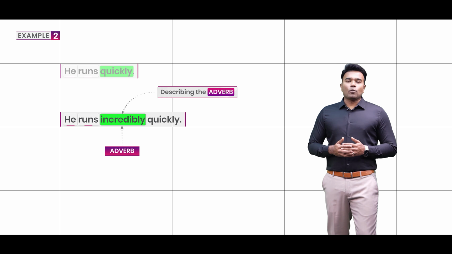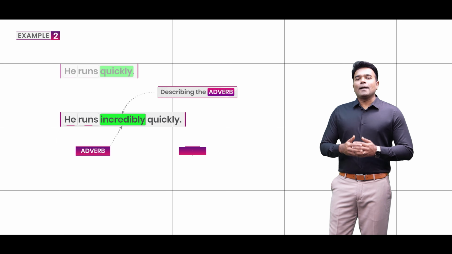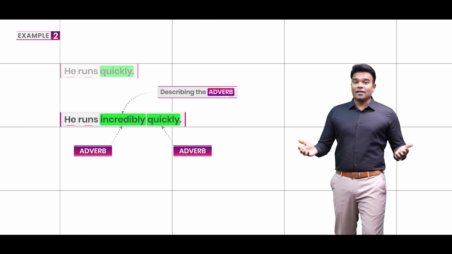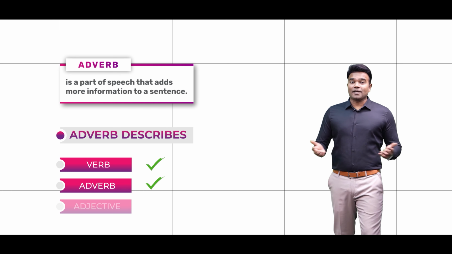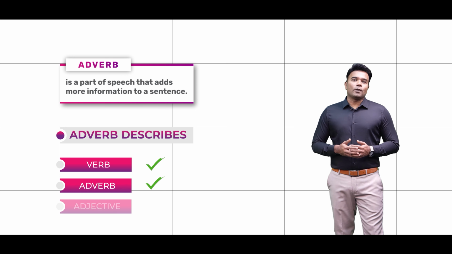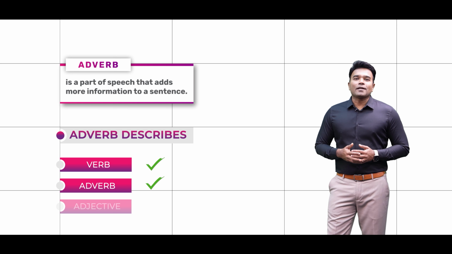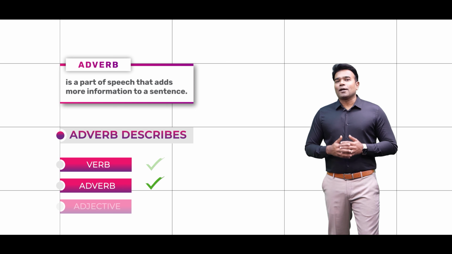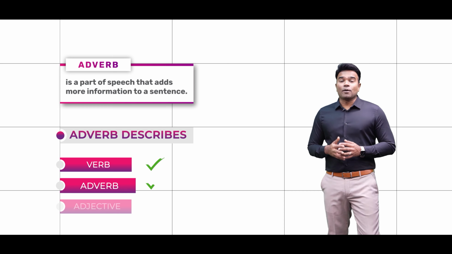One adverb, that is incredibly, is giving us more information about another adverb which is quickly, and hence both are adverbs here, wherein one adverb is giving us more information about the other adverb. Again, if you look back at the definition, I am sure you have now been able to completely understand that adverbs are such parts of speech in English that not only give us additional information about the verb, they may also sometimes give us additional information about the adverb itself.